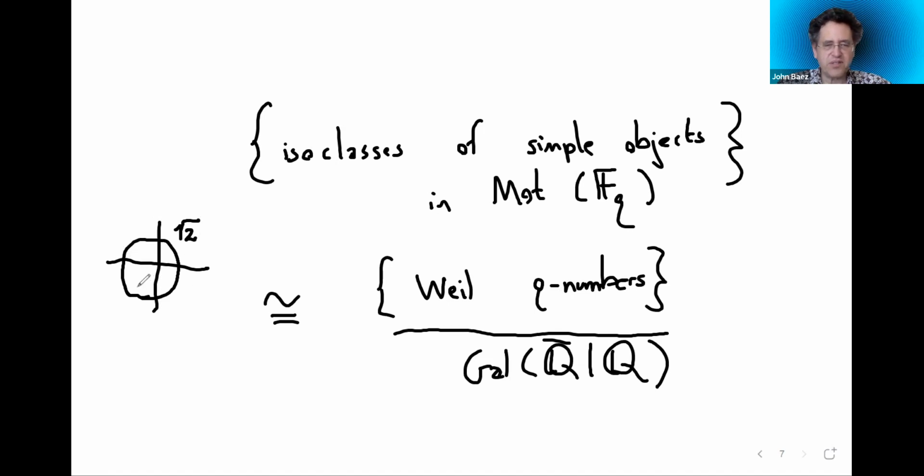And so you get certain algebraic integers on that circle of radius square root of 2. So it made it a little more concrete to me, at least in an example, what kind of numbers these Weil q numbers are, what they can be like.